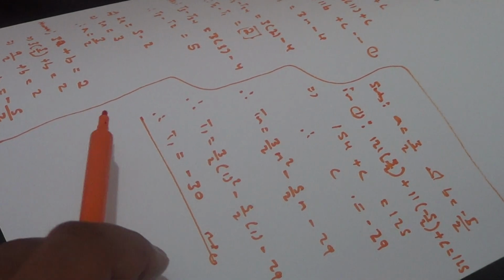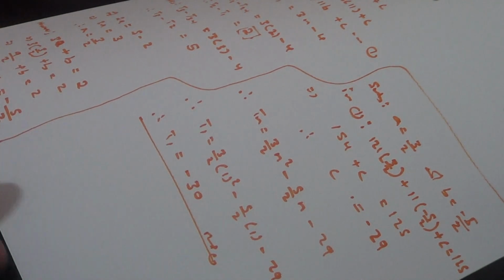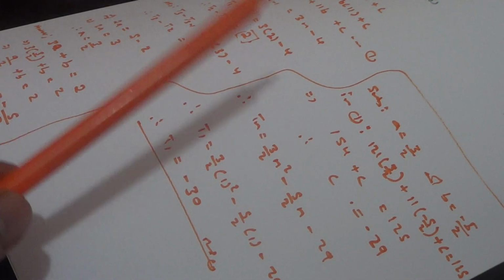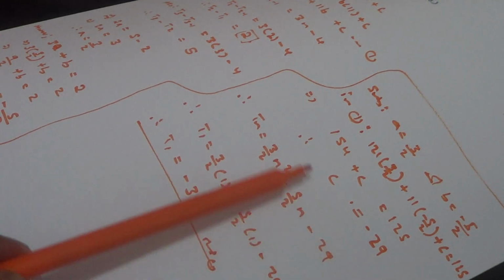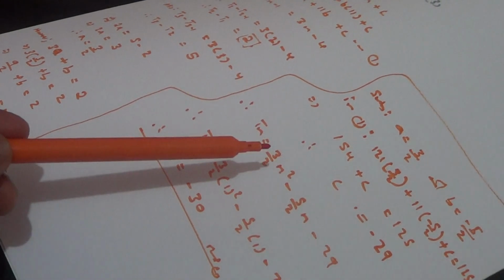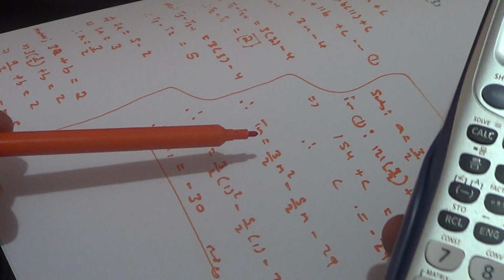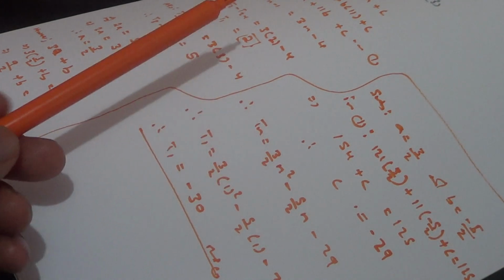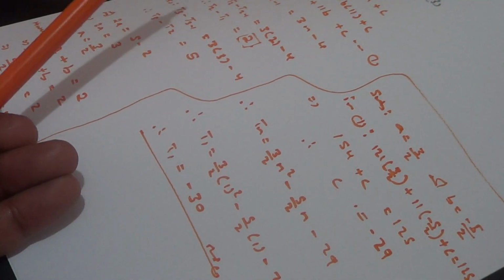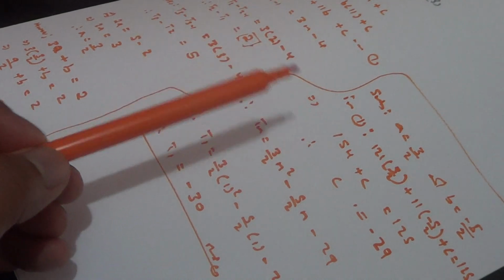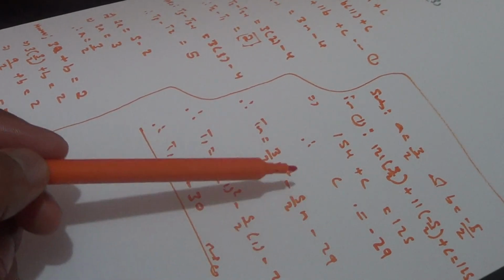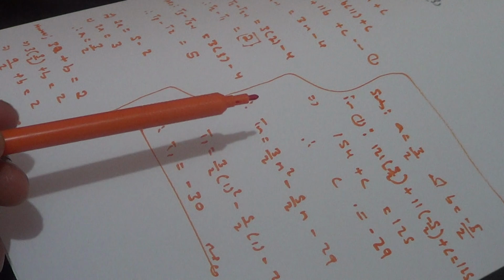That is that. Alright, so it's good, and you can test this as well. Once you have this, let's see if we get our T11, the only term we knew, which is 125. So let's see if this formula gives us that 125.